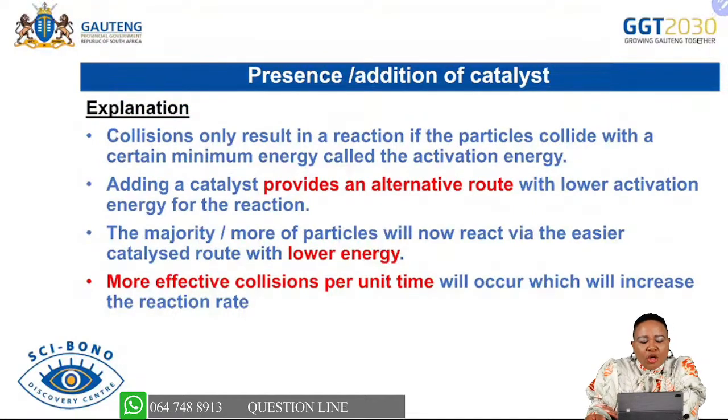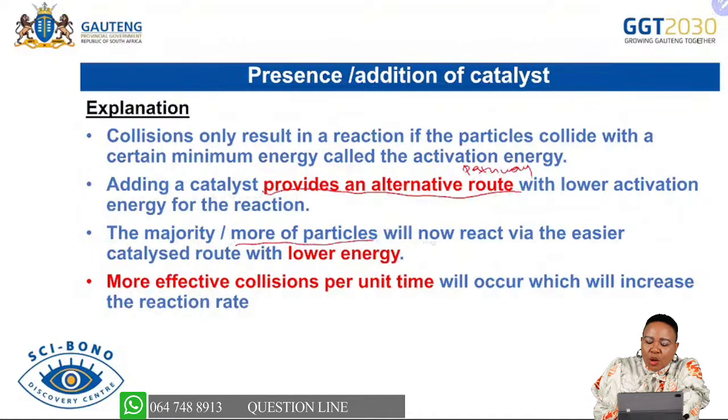So when we explain how a catalyst affects the rate of reaction, we are saying adding a catalyst will provide an alternative route or pathway with lower activation energy. And more particles will now react via the easier catalyzed route with lower activation energy.